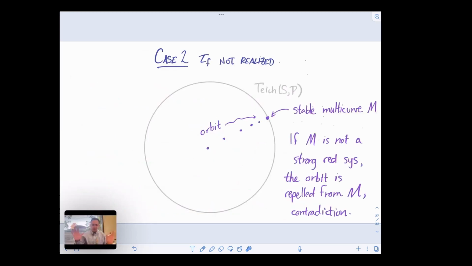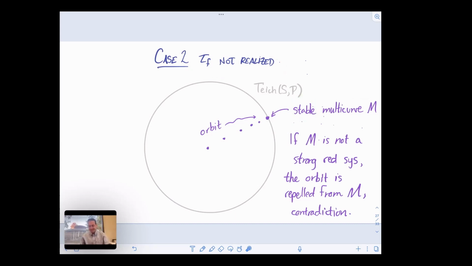I just have two pictures. So case two, this is the case where τ(F) is not realized. Just in broad strokes, what we do is we show that orbits go to infinity in Teichmüller space. And going to infinity in Teichmüller space means you're pinching along a curve or a multicurve, okay? And you want to show that that's a strong reduction system.